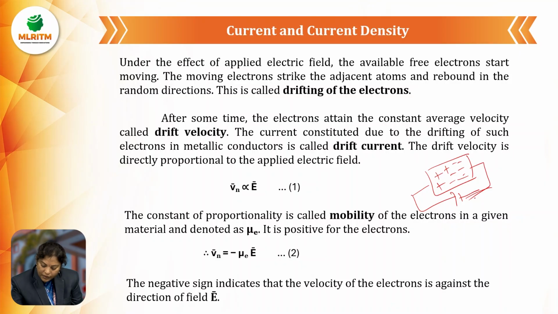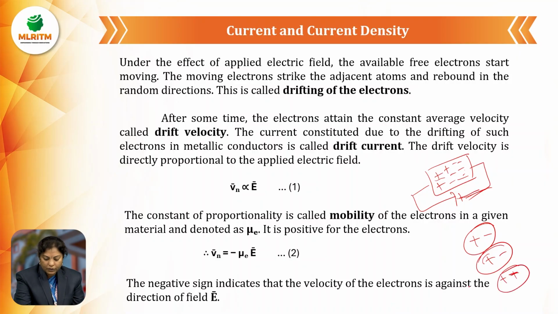Positive charges go toward the negative and negative charges go the other way, so that there is striking. Whenever these electrons move, they strike the adjacent atoms and rebound, following random paths inside the conductor, with no fixed direction.